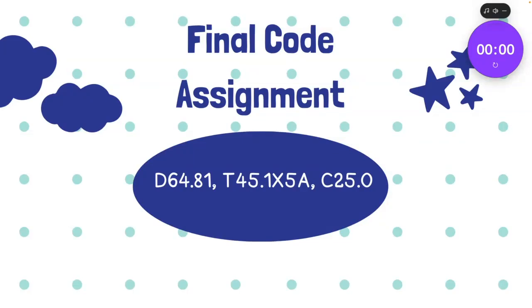And then the second code, per guidelines, you assign a code for the adverse effect, T45.1X5A. The A is for the initial encounter. And then the third code is the code for the actual neoplasm itself. Questions on this case?